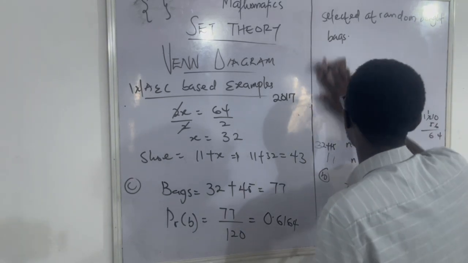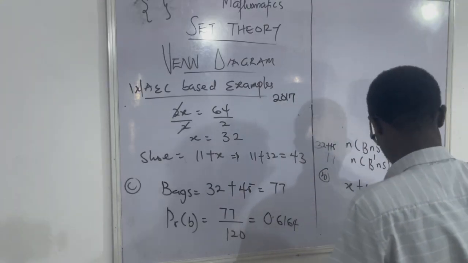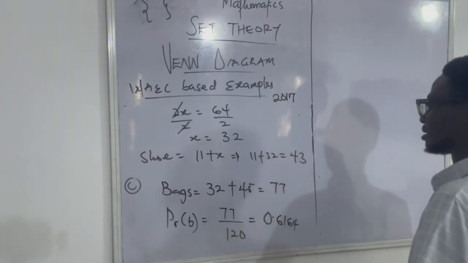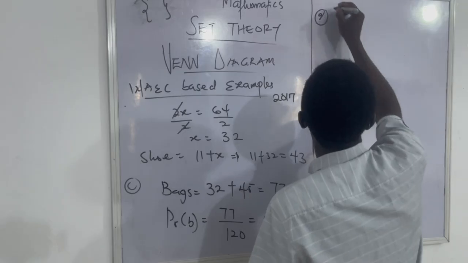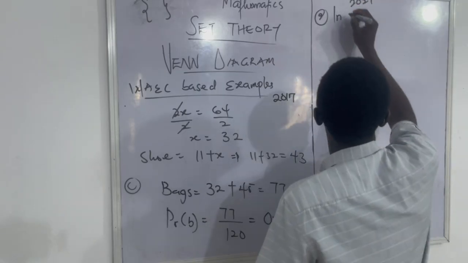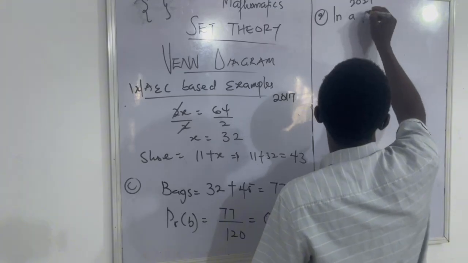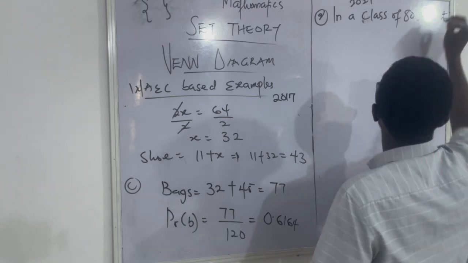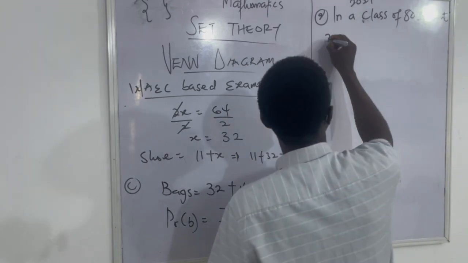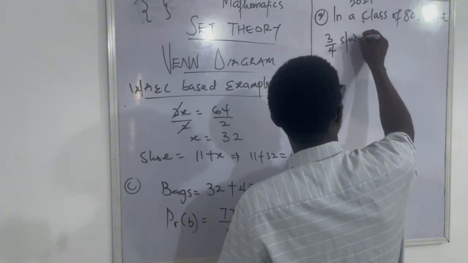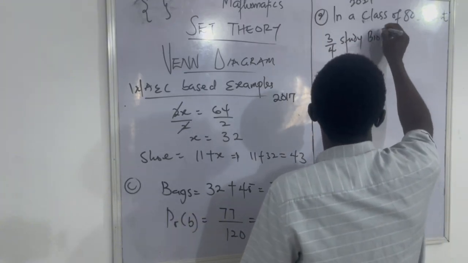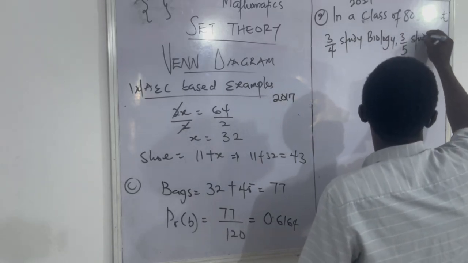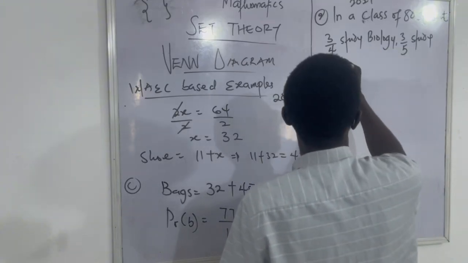It said: in a class of 80 students, 3/4 study biology, 3/5 study physics.